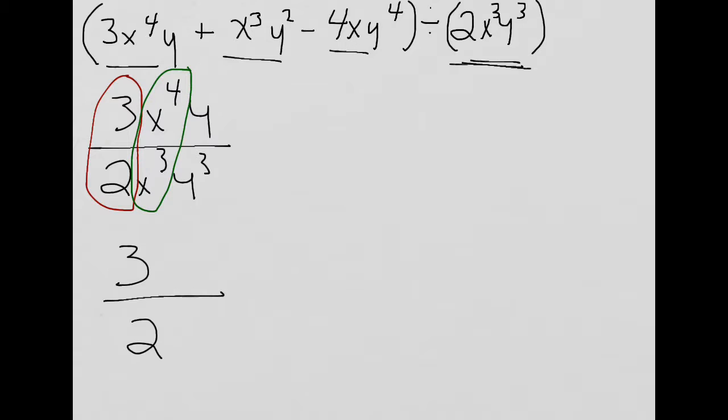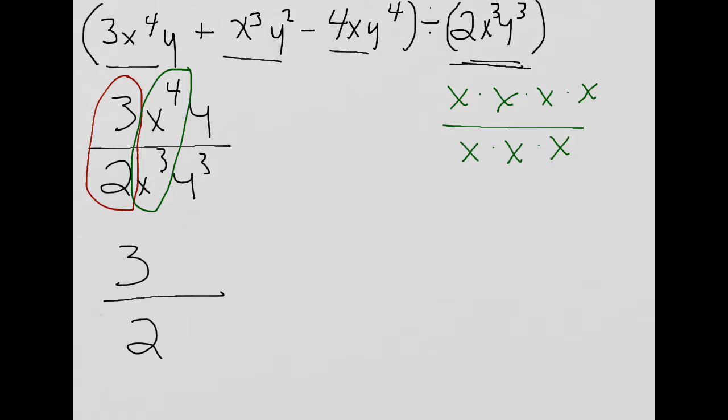When we're dealing with x^4 and x^3, what we're really doing is trying to figure out how many x's we can take out of both, because x^4 really means x times x times x times x, and it is over x^3, which is x times x times x.